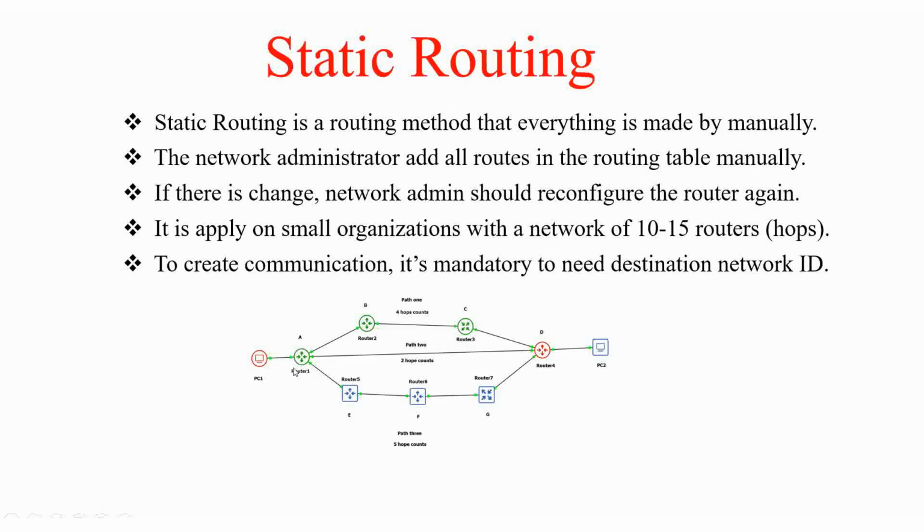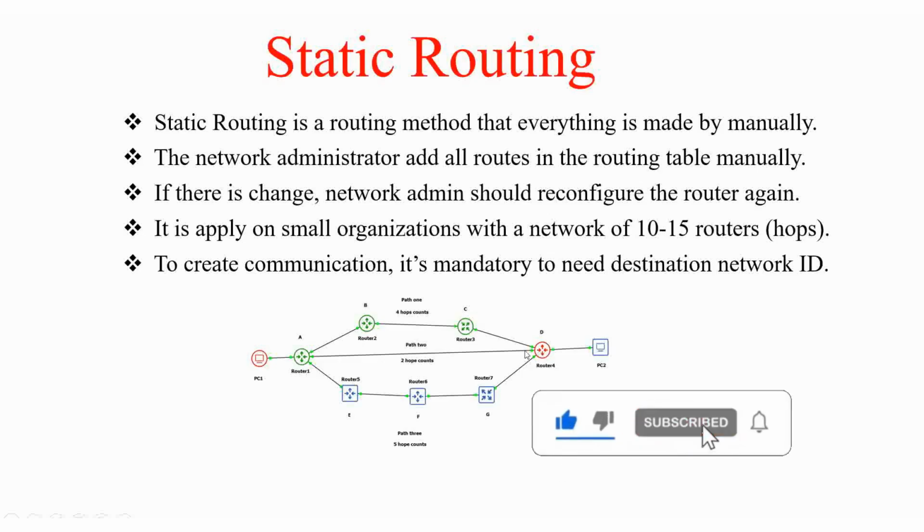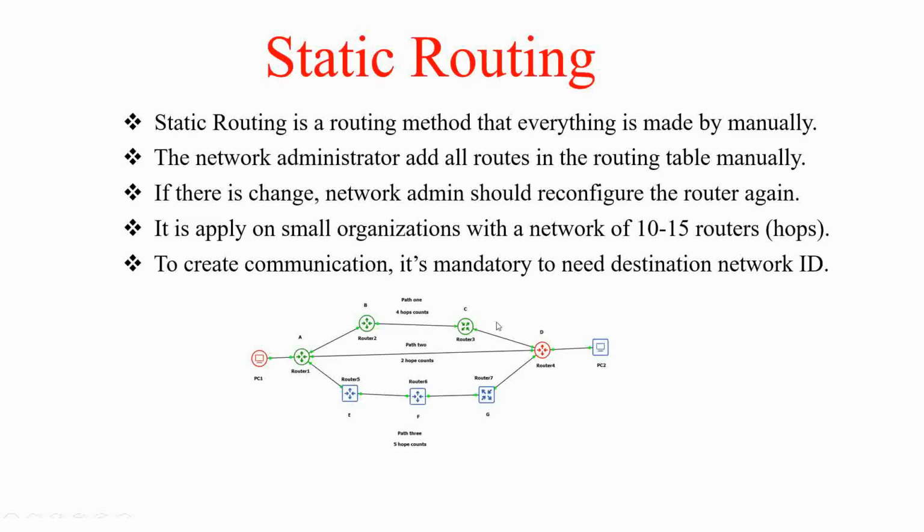The first one is from router 1 to router 2 means A to B, then router 2 to router 3 means B to C, then C to D ማለት ይሄኛው ራውተር ላስት destination ራውተራችን ይሆናል። So this is one path. So in this case we have 4 hop counts ማለት ነው. So 1 2 3 4. So actually as compared to, for example, path 2 which is a long path ማለት ነው.